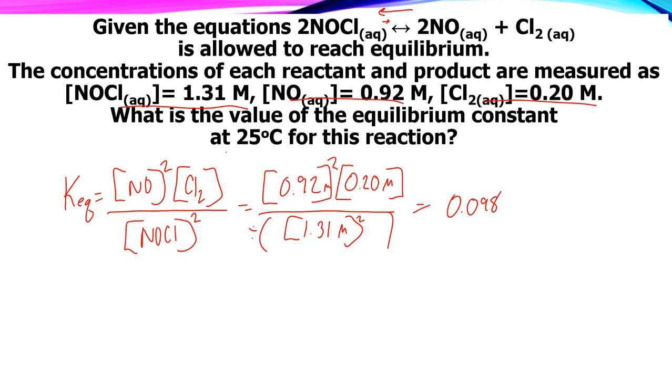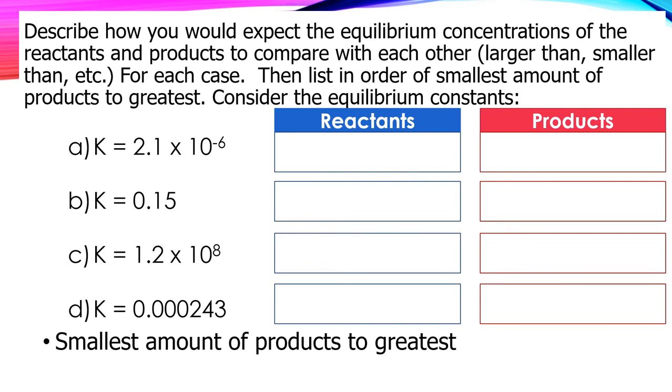So at equilibrium, where I've reached the point where the same amount is going forward and backwards, I have a lot more reactants than I do products. That's what that tells me. Yes? Why did you square the NO and not the Cl? Okay, so use the coefficients to tell me what its power is. Okay? All right, so here we go.